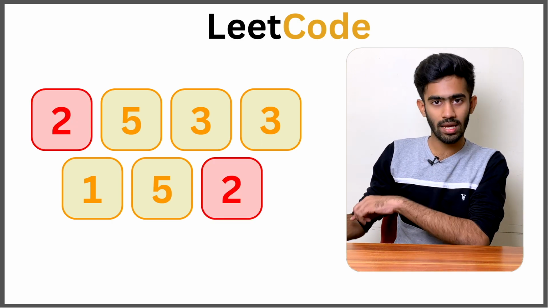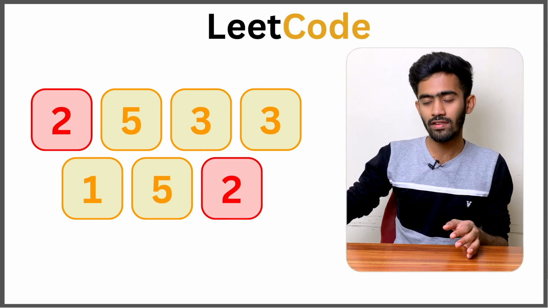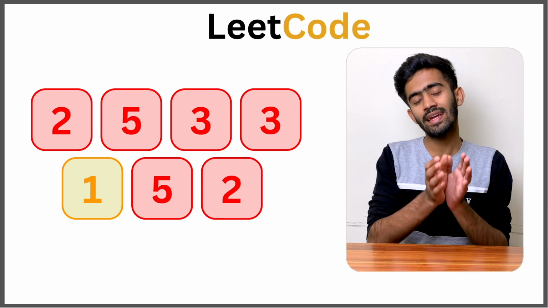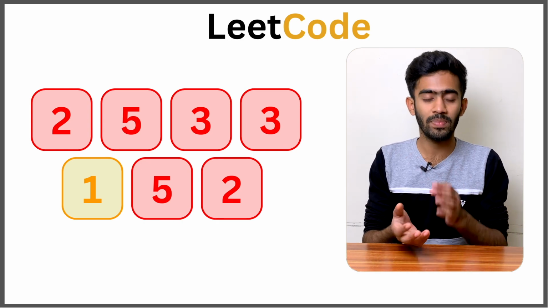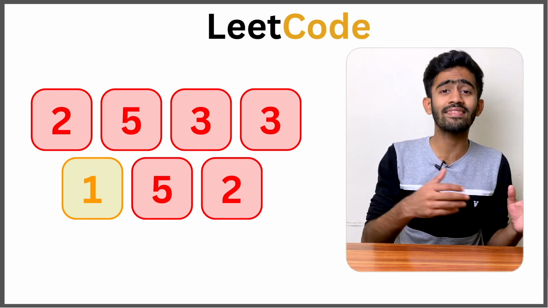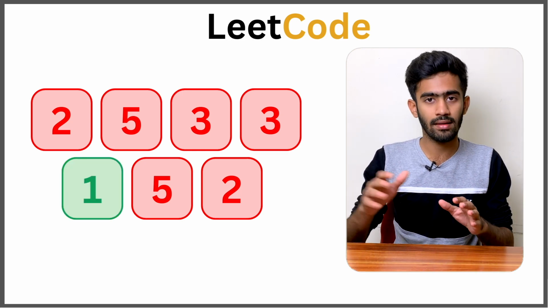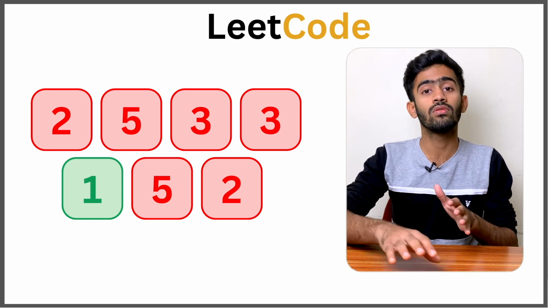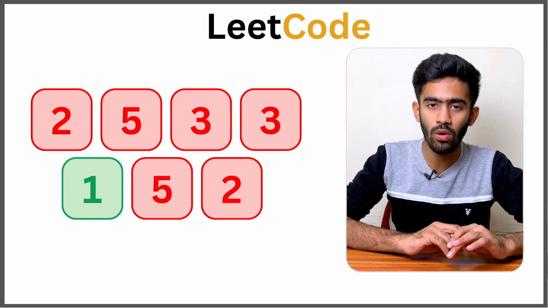So 2 and 2 get cancelled to 0, 5 and 5 get cancelled to 0, 3 and 3 get cancelled to 0. The only element that is left is 1, and that is what we guessed as the answer to this question. So this is how the question and the logic works.